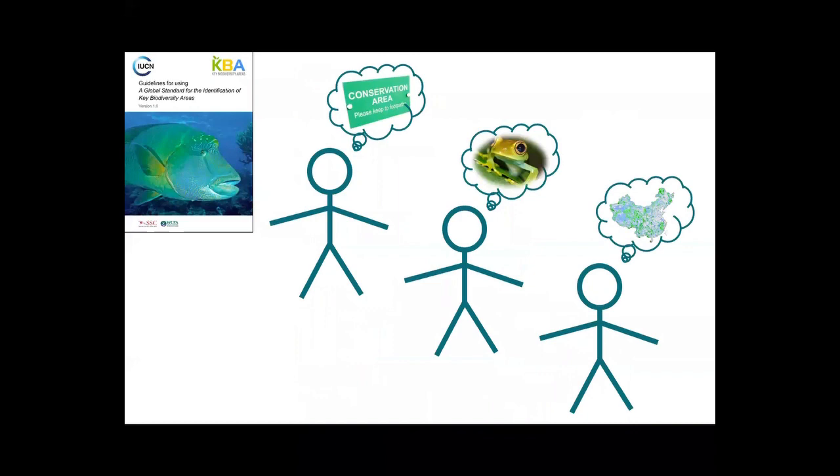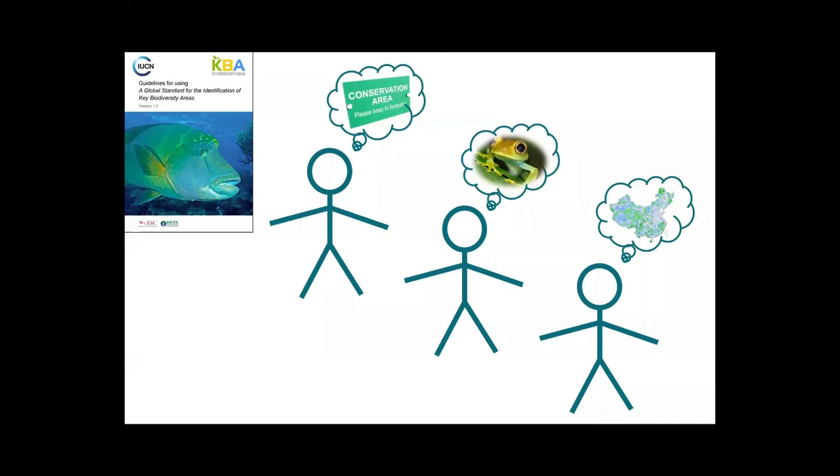So in practice, we recognize that individuals and organizations that are interested in proposing KBAs will approach KBA identification in many different ways. In some cases, we may have people who are focused on a single site. They're already involved in conserving an area and they want to know whether this site qualifies as a KBA.